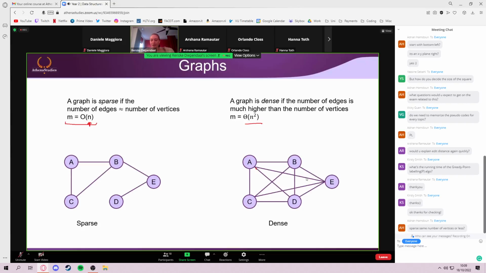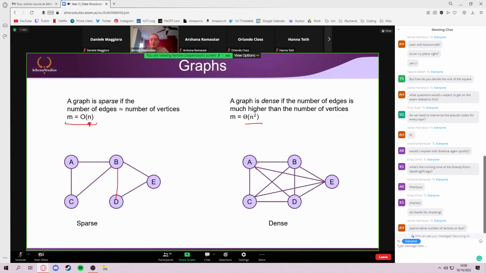Question, so sparse is the same number of vertices or less? No, it could be a little bit more, as long as it's in the same sort of category, right? So it's completely fine if I have 5 vertices and 7 edges, for example, or if I have 5 vertices and 3 edges, that's also good, as long as it's roughly the same.